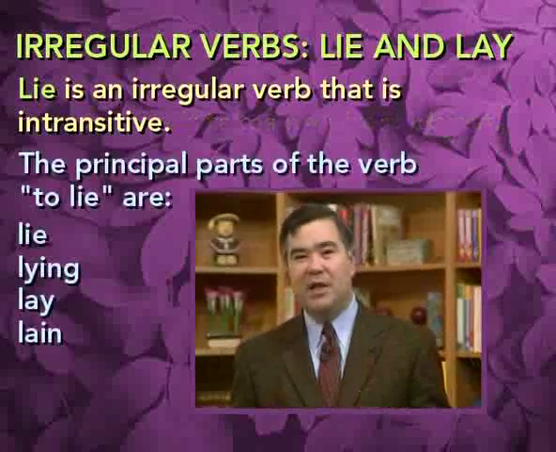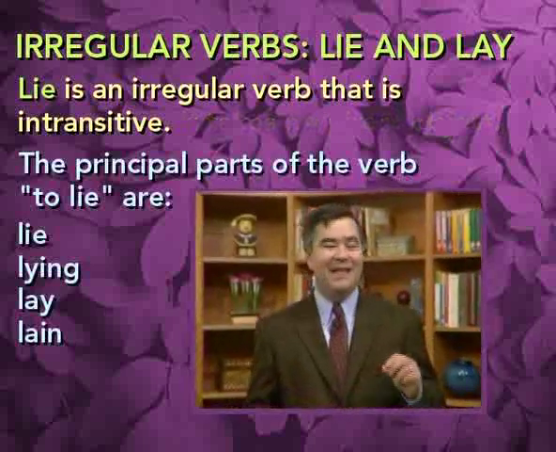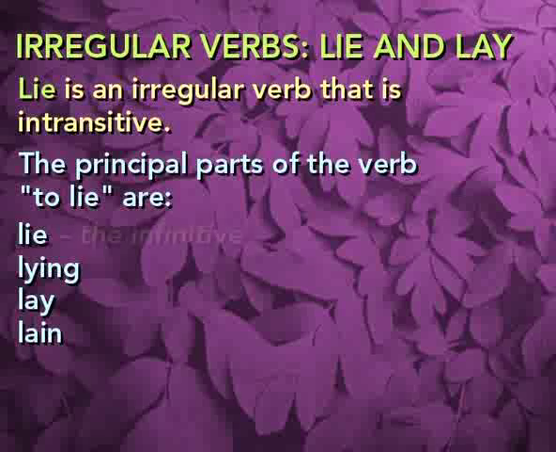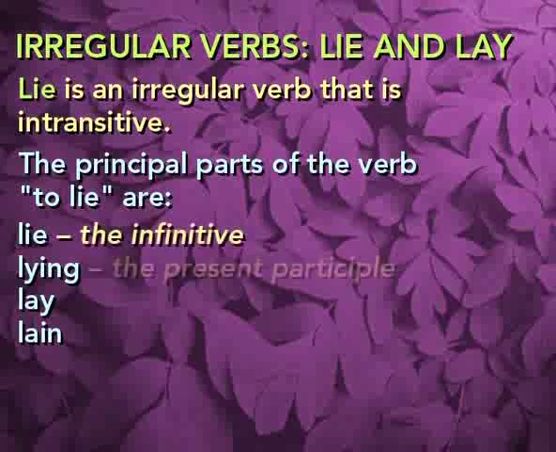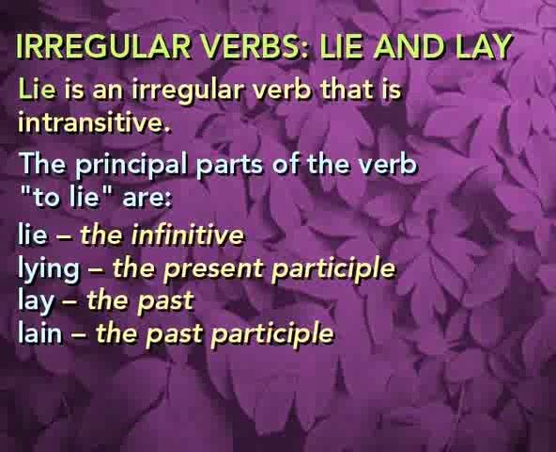The principal parts of the verb lie are lie, lying, lay, and lain. Lie is the present tense, lying is the present participle, lay is the past, and lain is the past participle. So lain is a form of the verb that would always be used with a helping verb.